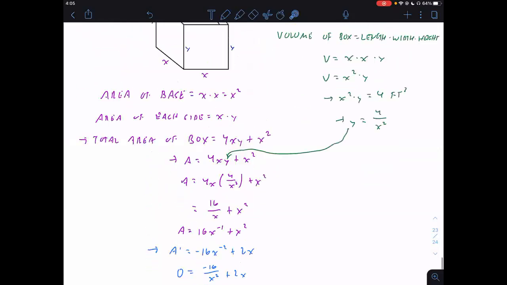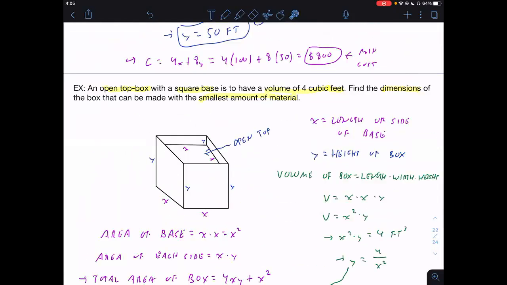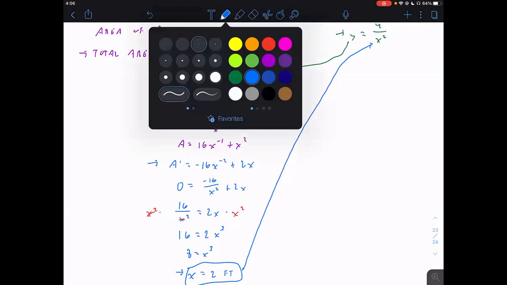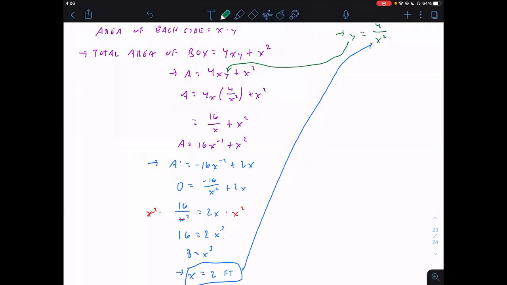Okay, but now we need to figure out the height. How do we figure that out? Like we did in the last example, take what we just found and plug it into the given equation to solve for the other unknown variable. So now we're going to take y, I'll use red. y equals 4 divided by 2 squared, which gives us y equals 1.